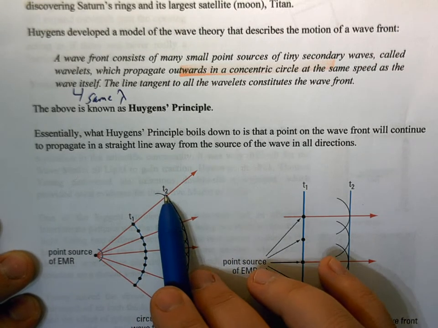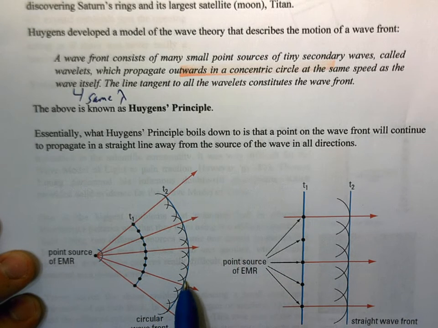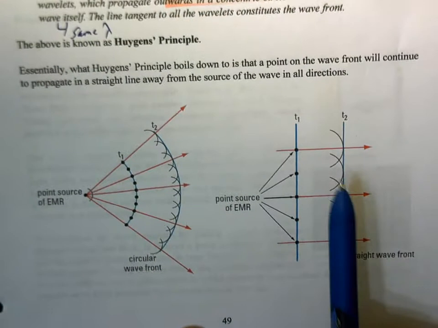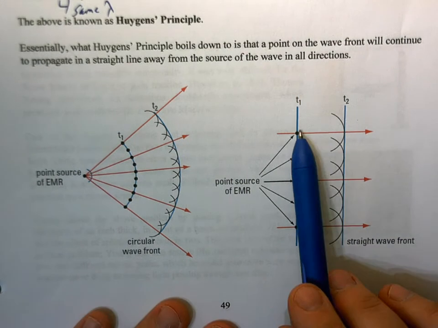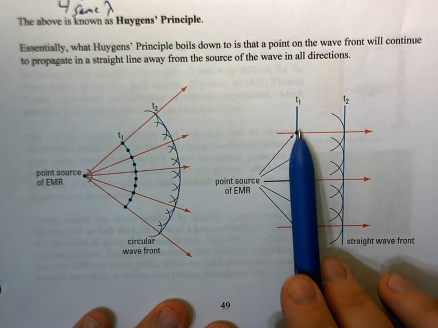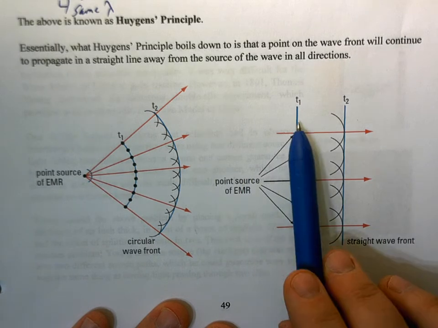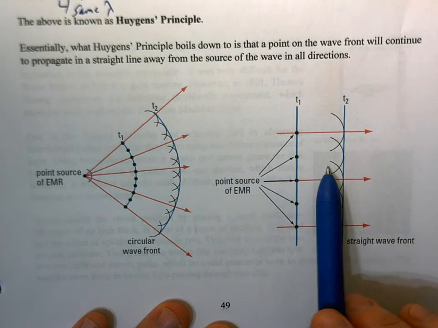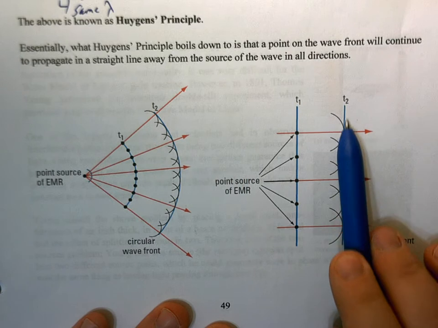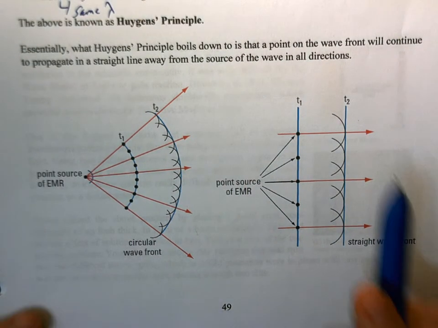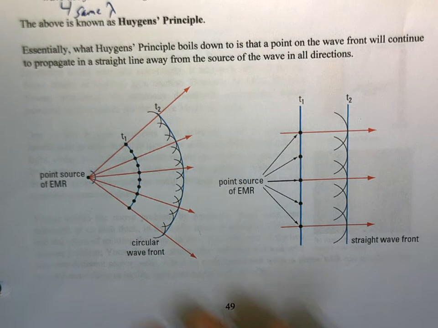The curved tangent to the front of these wavelets makes up our wavefront. We could also look at this with a plane wave. If I have my wavefront here, it's made up of these little wavelets. Each of those wavelets propagates out in concentric circles, and the line tangent to those concentric circles is our next wavefront.